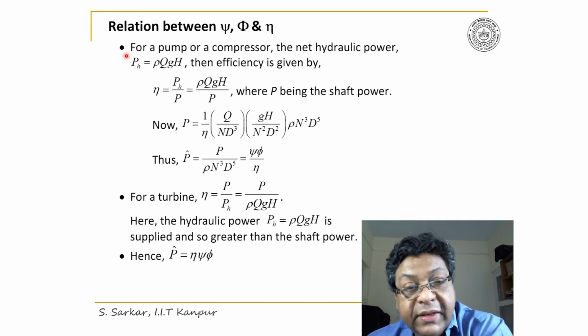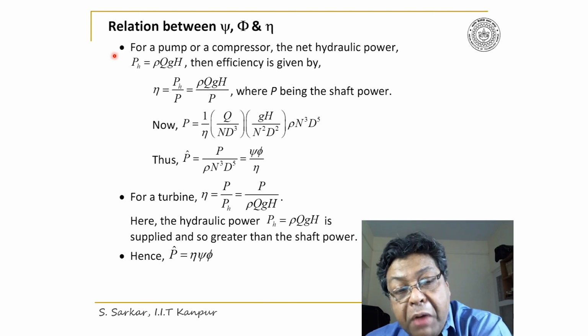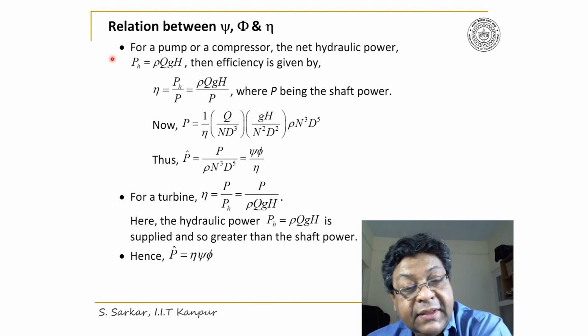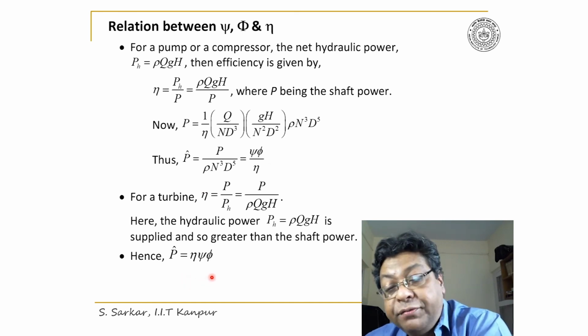Thus, in a nutshell, for a pump or compressor, P tilde will be equal to psi phi divided by eta. For a turbine, P tilde would be eta into psi into phi.